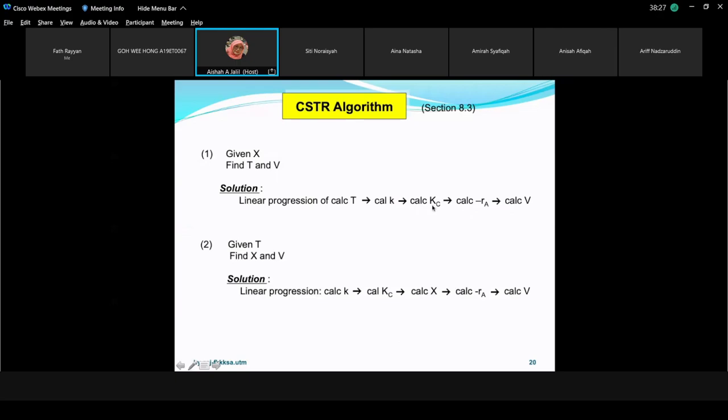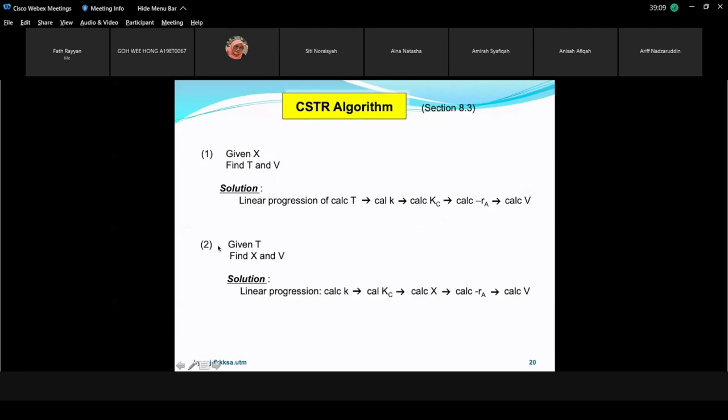If you can remember, you can get the K when you write the rate law from the concentration, and then you put the X. For example, CA equals CA naught times 1 minus X, something like that, and CB is CA naught times theta B minus X, all that. And then you can get the rate law. From the rate law, negative rA, then you can calculate the V.